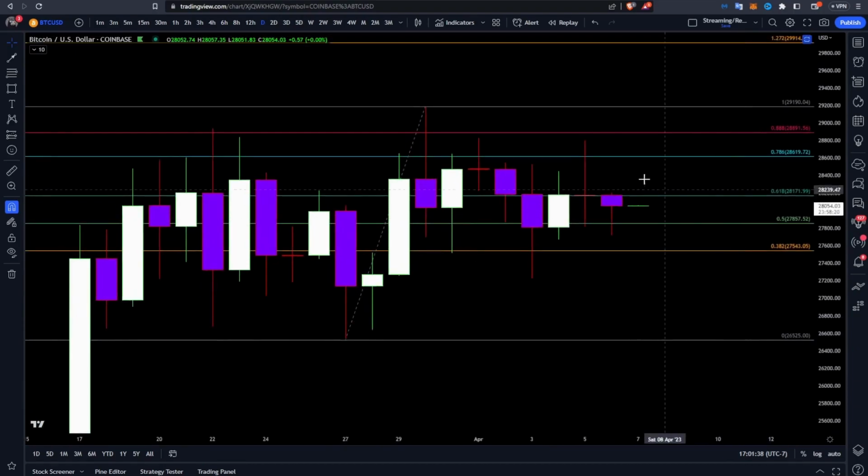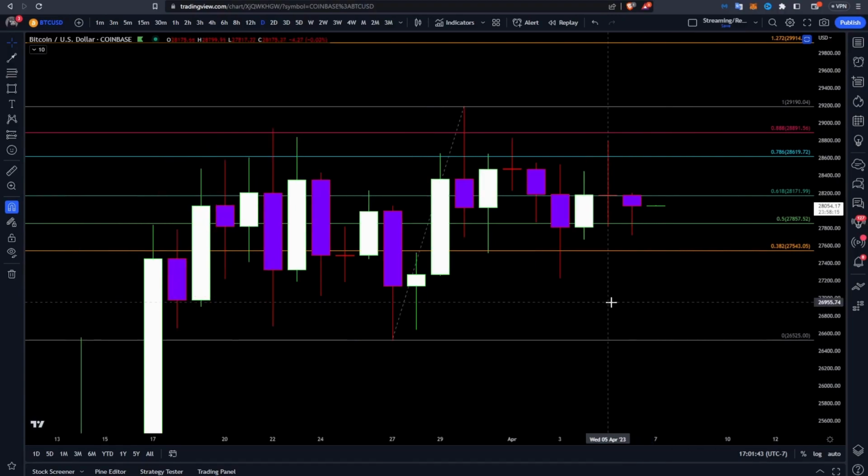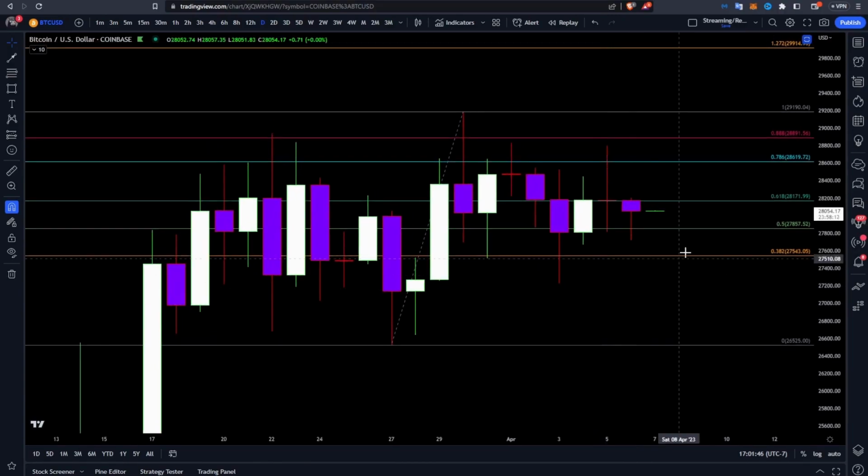It's currently trading below the 618 here, which is at 28,171. So basically 28.2, it's above the 618. Bias is that we're going to go test around that 28,600 area at the 786 here. Now, below the 618, we have a bias to go test the 50% fib. So the 50% of the range, just half the range.